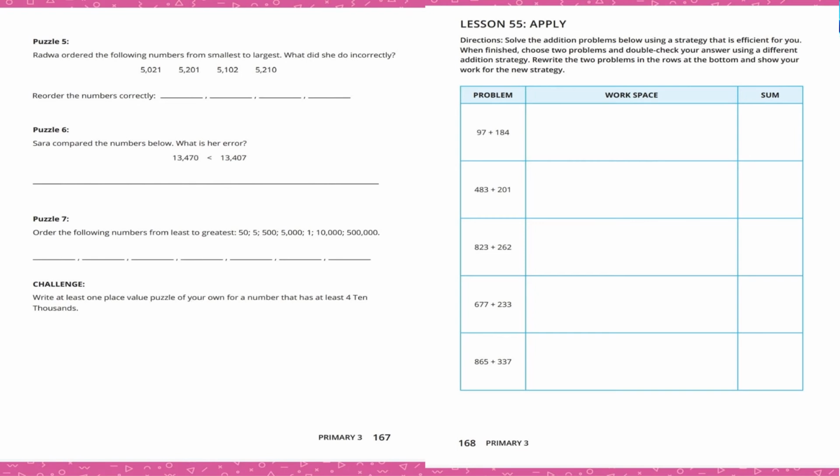Here, count the digits. 1, 2, 3, 4, 1, 2, 3, 4, 1, 2, 3, 4, 1, 2, 3, 4. All of these numbers consist of 4 digits. So, let's make step 2. Step 2, compare from the biggest home or from the last digit. Here I have 5, 5, 5, 5.